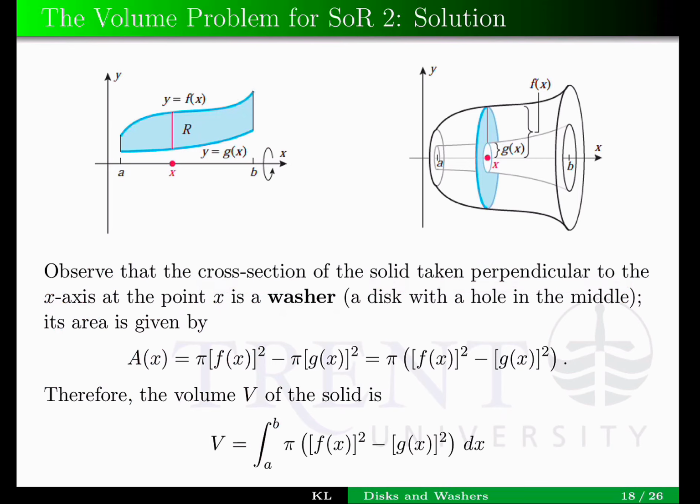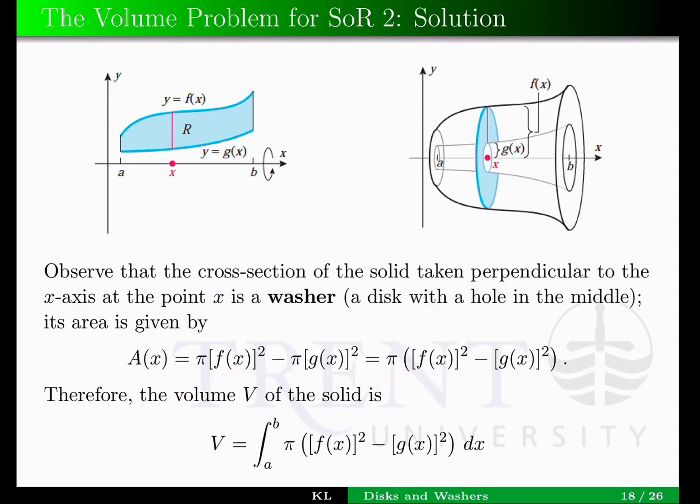A washer is like a disc with a hole in the middle. Its area is given by pi f of x squared minus pi g of x squared, or simply pi times f of x squared minus g of x squared.